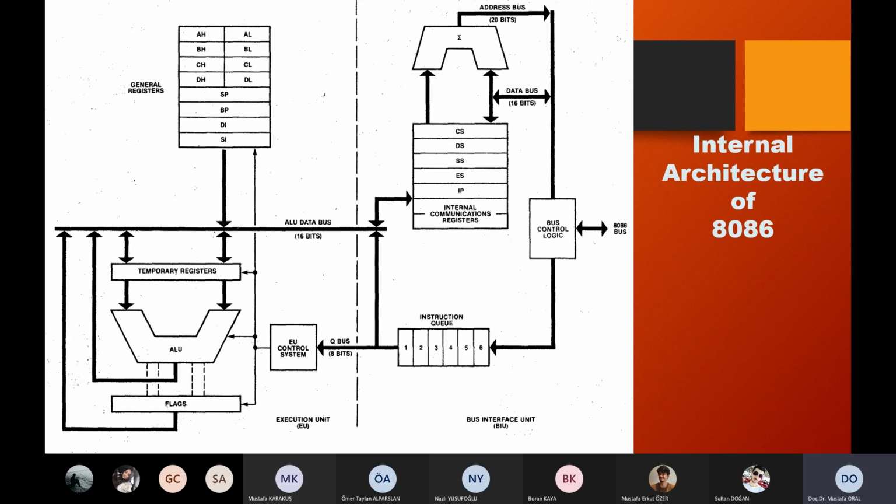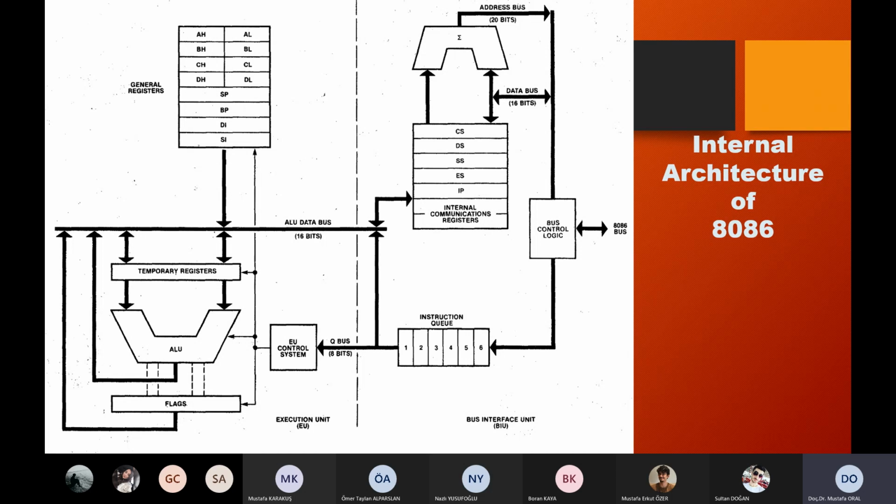Depending on the addressing mode, we will talk about addressing modes later on, my bus interface unit produces a new memory location and then goes and fetches the data, brings it inside, and the execution control system feeds it into the arithmetic logic unit and puts a pseudo 1 and increments the result, puts it onto the internal data bus, and through the internal data bus, the result will be stored at the output, which is specified by the operand of the opcode.